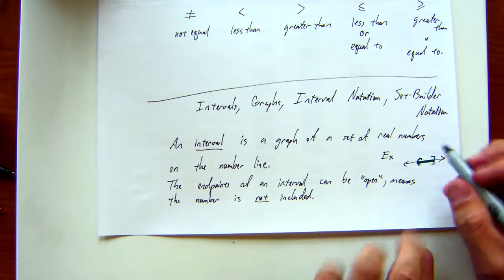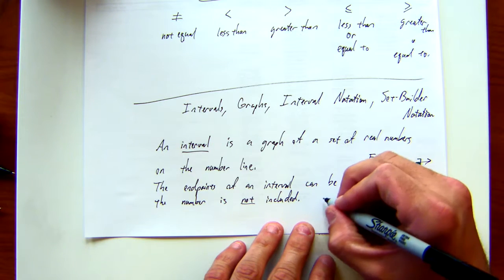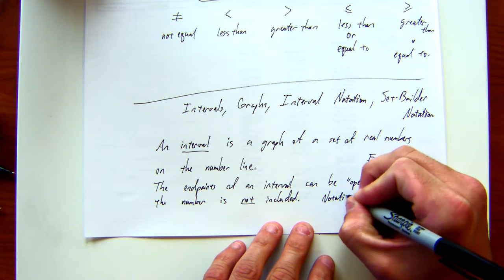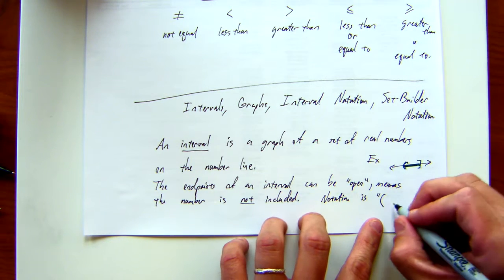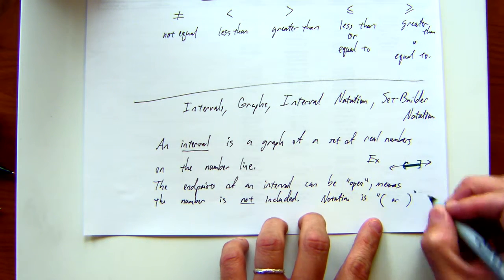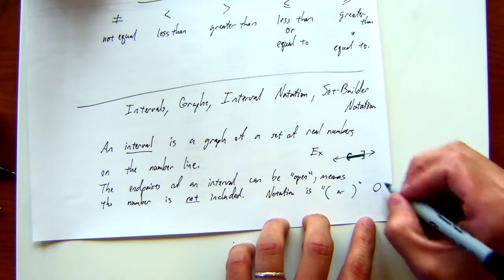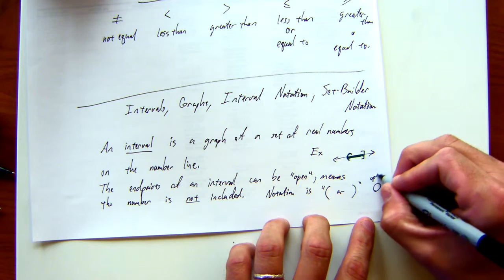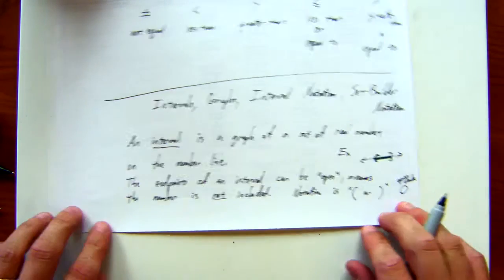Okay? So, for instance, we denote this open interval with either the open parentheses or that one, if we're talking about the right endpoint, or sometimes we can use a circle, an open circle. And I'll show you an example in just a minute.